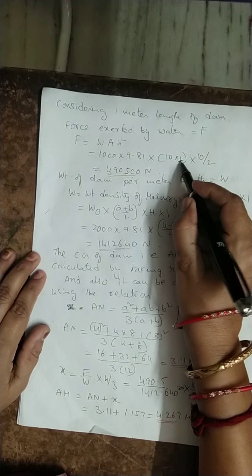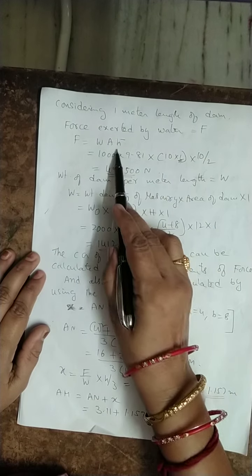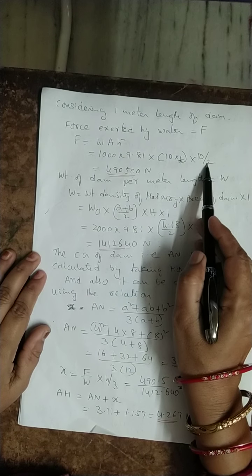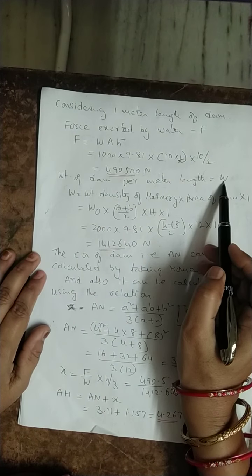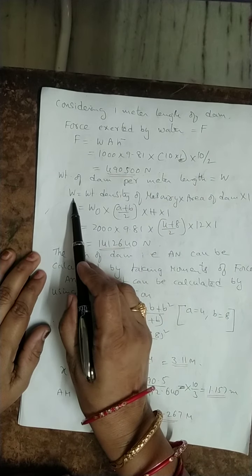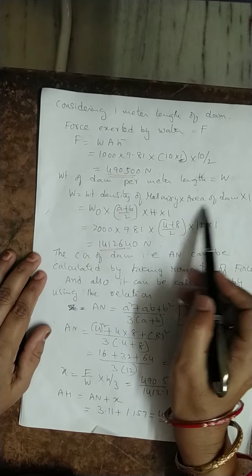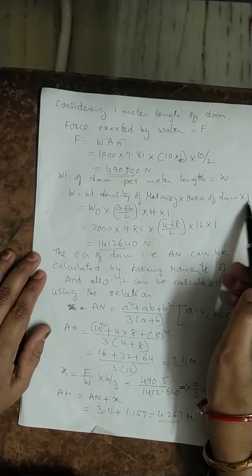H bar is 10 by 2. So this comes to this value. Weight of the dam per meter length, W, is equal to weight density of the masonry into area of the dam for 1 meter length.